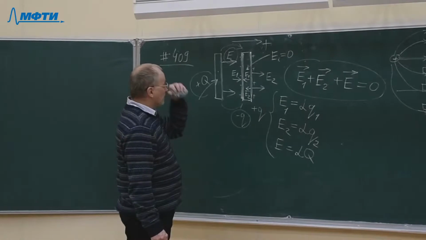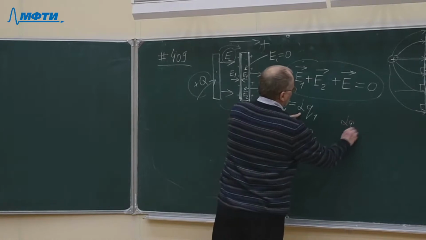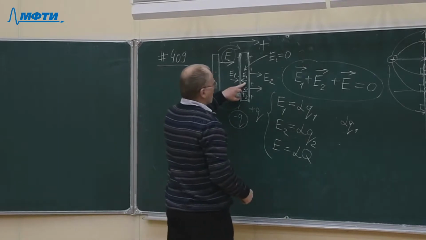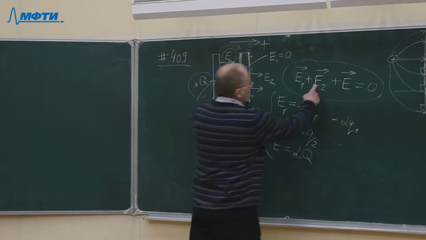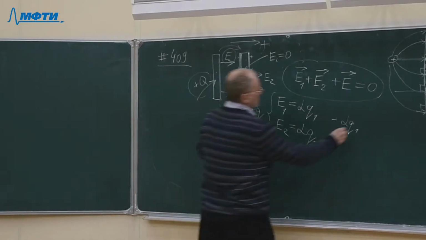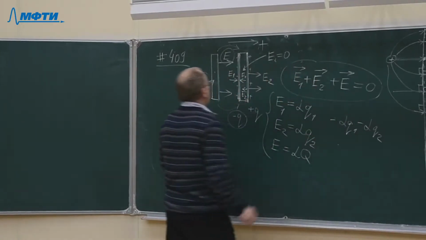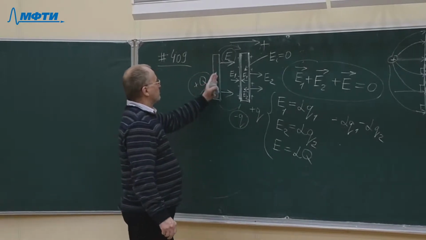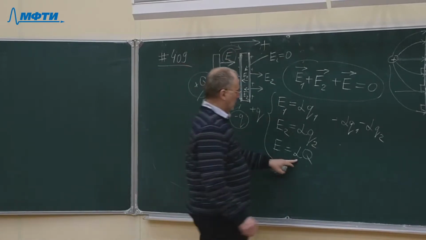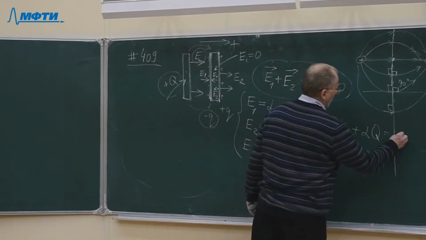So in this case, E1 equals alpha Q1, and it's directed to the left, so this must be negative. E2 is also directed to the left inside the conductor, so it will also be negative, and it must be proportional to alpha Q2. And the field E generated by the left plate is directed to the right, so it will be positive, and it will be defined by alpha capital Q, and all this sum must be 0.